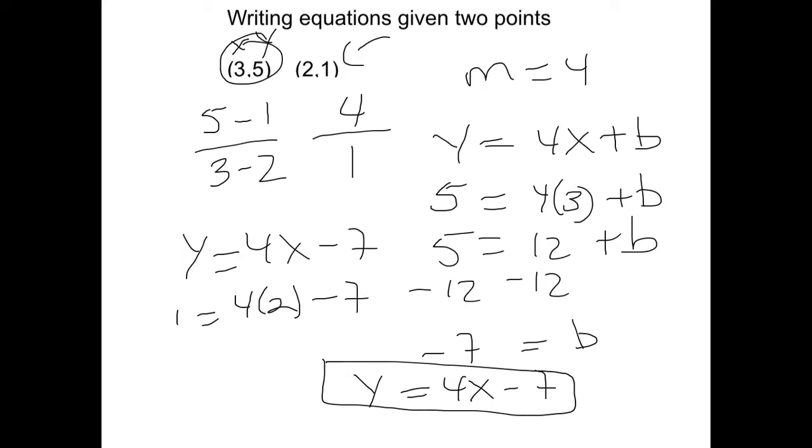So if I substitute 1 in for y and 2 in for x, I should get a true statement. And when I do that, I do get a true statement. So I know that y equals 4x minus 7 is in fact the equation of the line, the only line that goes through 3, 5 and 2, 1.